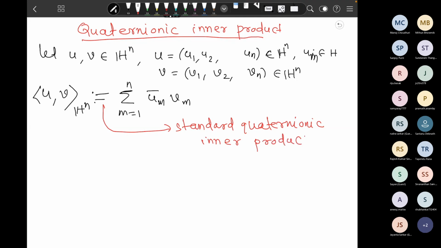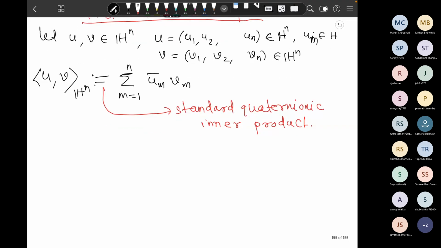Now let us see some properties. The first property is very clear.